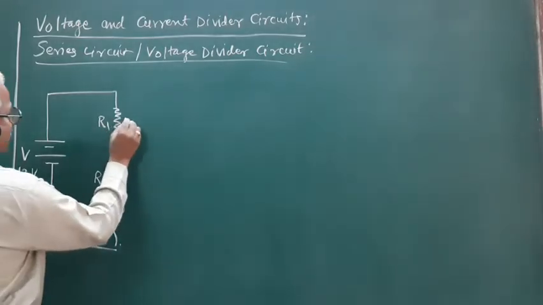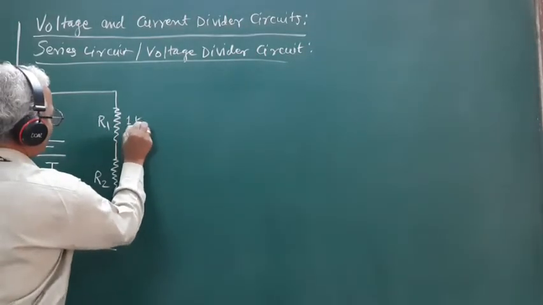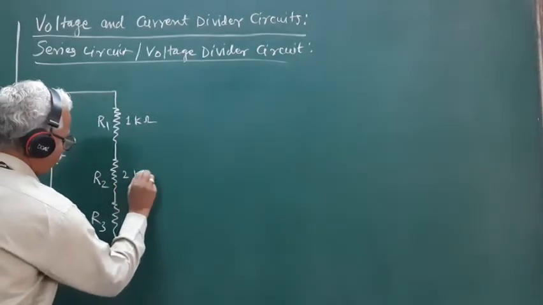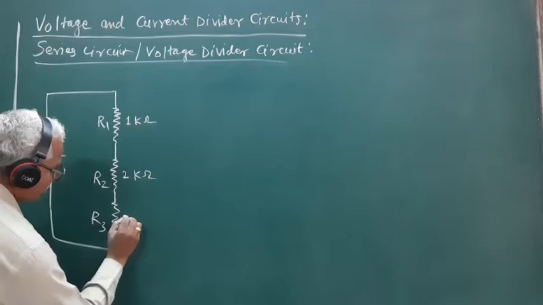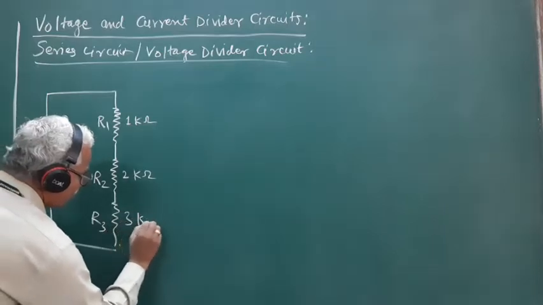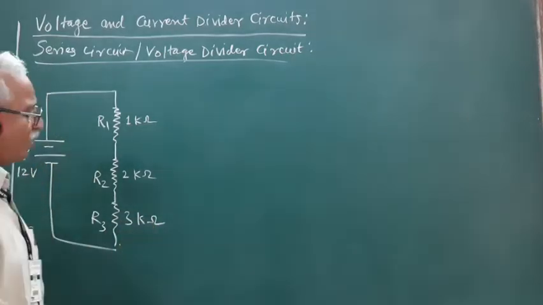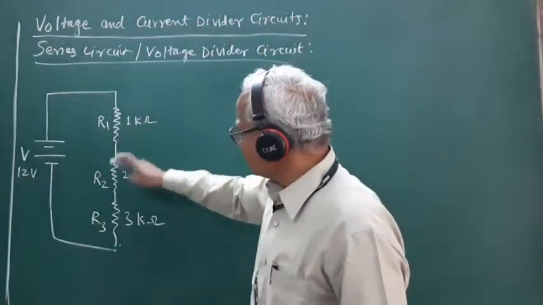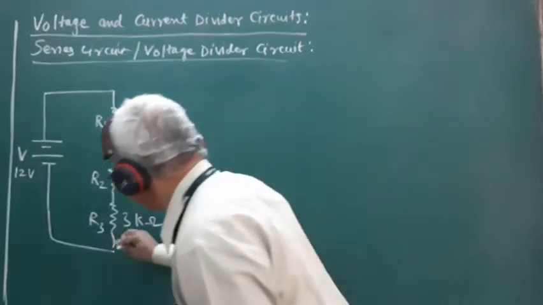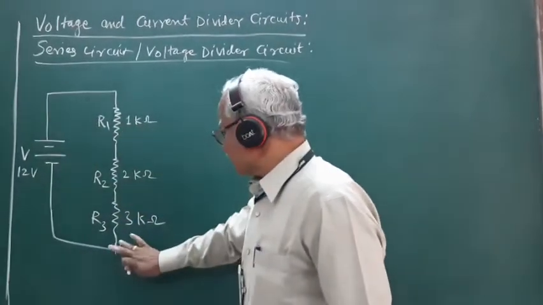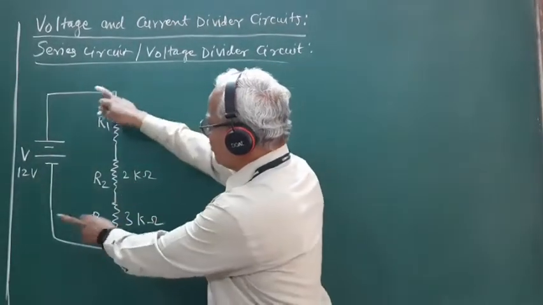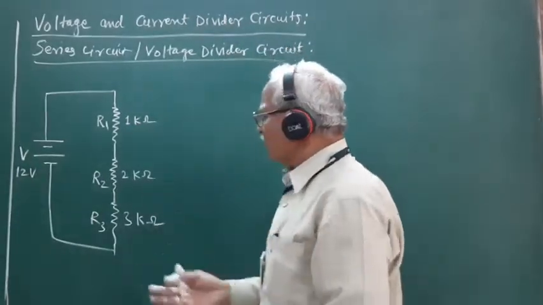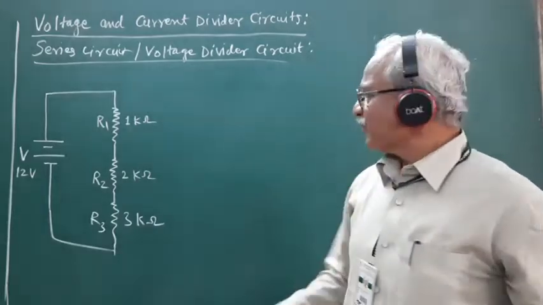The value of the first resistance R1 is 1 kilo ohm, that of the second is 2 kilo ohm, and the value of the third resistor is say 3 kilo ohm. So when we connect these three resistors R1, R2 and R3 end to end, such that across this series combination we have applied a source of EMF, this is how we can represent the series circuit.